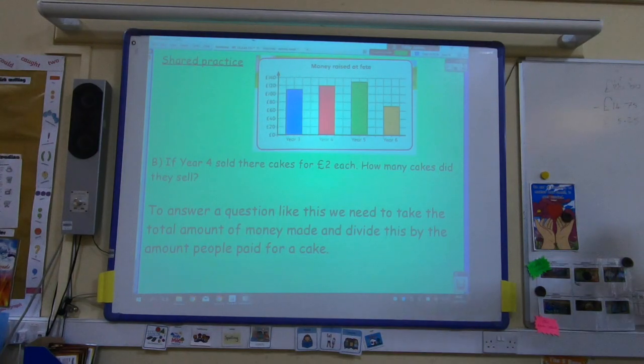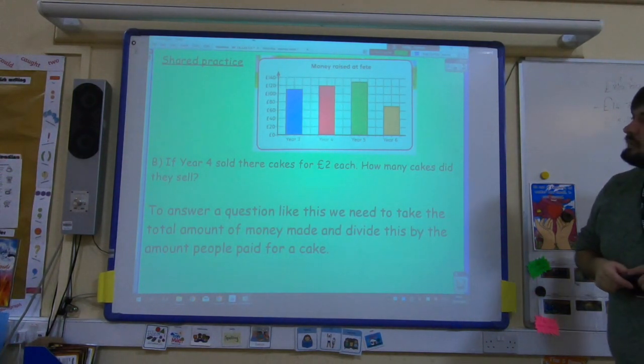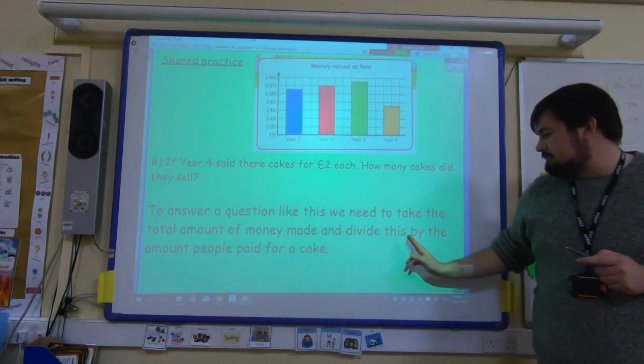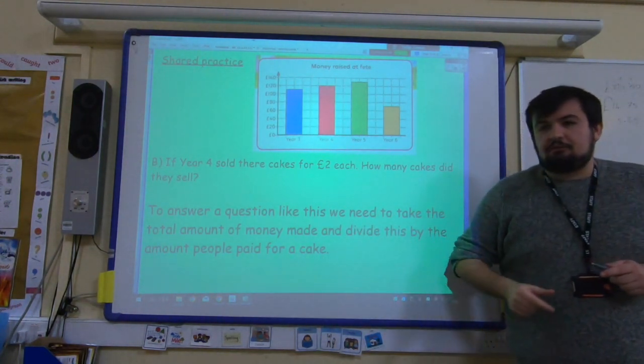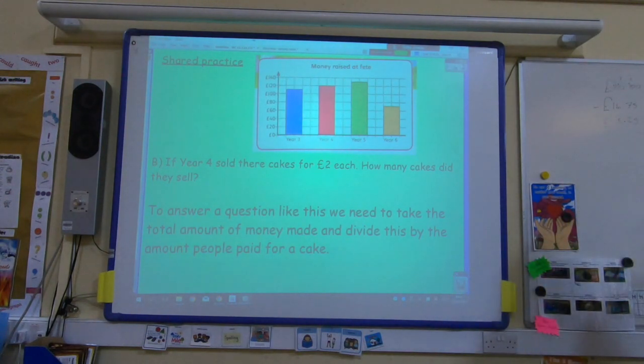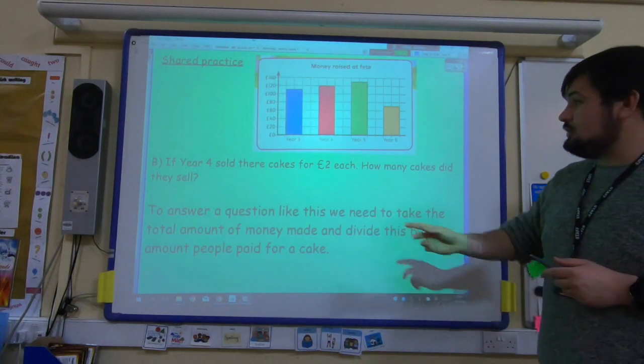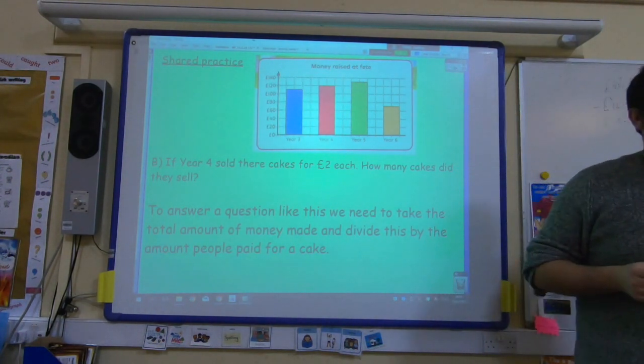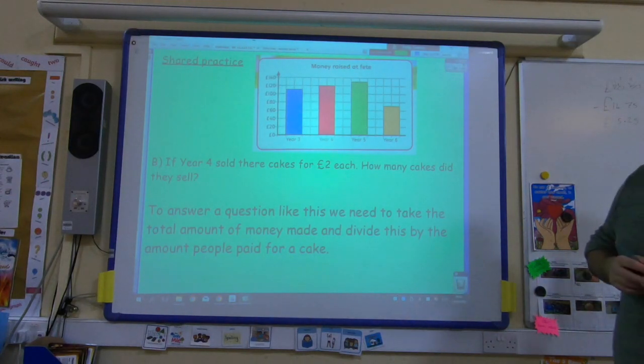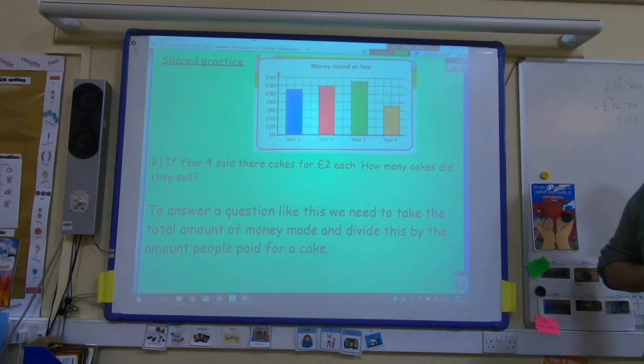Year 4 made £120. And how much was one cake? It was £2. So I've got to do 120 divided by 2.